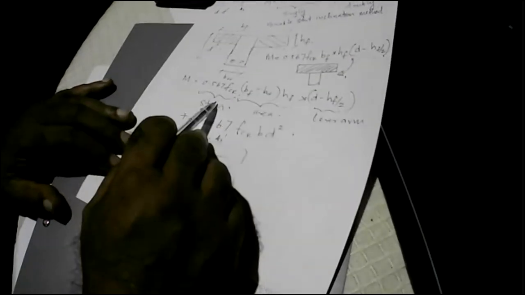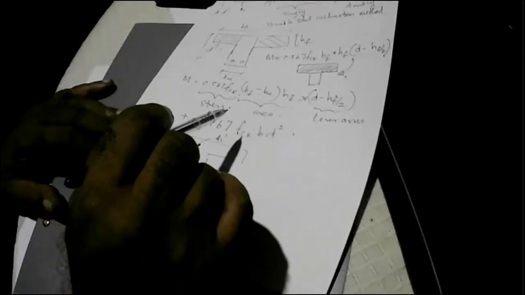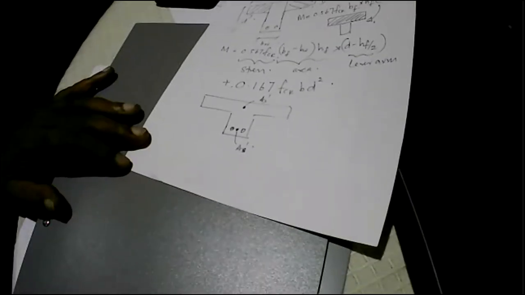And if you find this moment is not enough, then you can calculate this moment and then see whether it's enough. If the moment that is acting on the section is even greater than the expression given by this, then you have to consider the situation where the flange beam is doubly reinforced. So those are the three situations that you get in case of a flange beam.